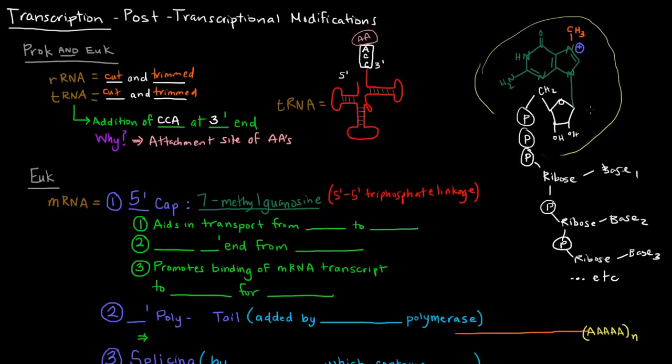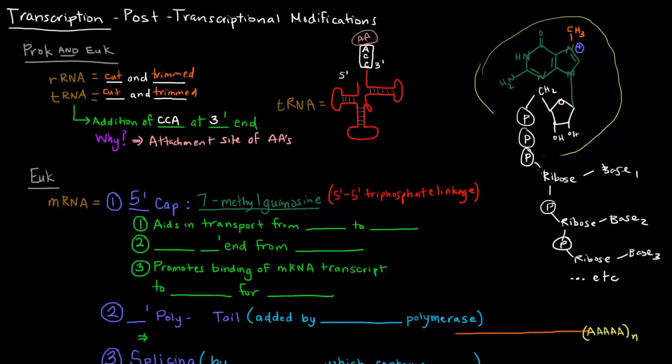Okay, so why is it called a 7-methylguanosine? Well, this portion is a ribose with a guanine attached to it, so that's the guanosine portion. Why is it called 7-methyl? Well, because if you go through and number the purine, this nitrogen is atom number 7. So that 7th member of the rings has a methyl attached to it, so it's a 7-methylguanosine.